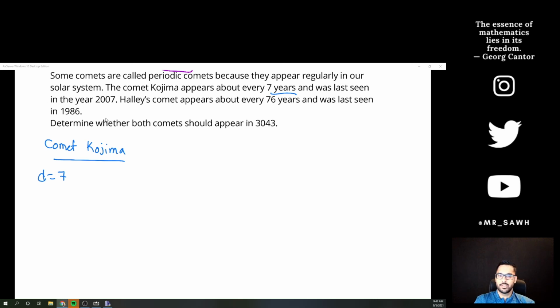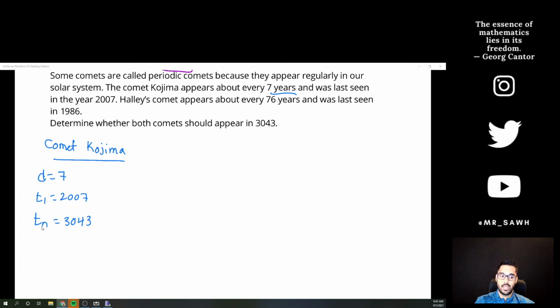Well, the only information I have on the last time it was seen was 2007, so let's start our pattern there. We'll start it at 2007. And the year I want to make sure is part of this pattern is 3043. If 3043 is in here, it will have a natural term number, a whole number that's positive.